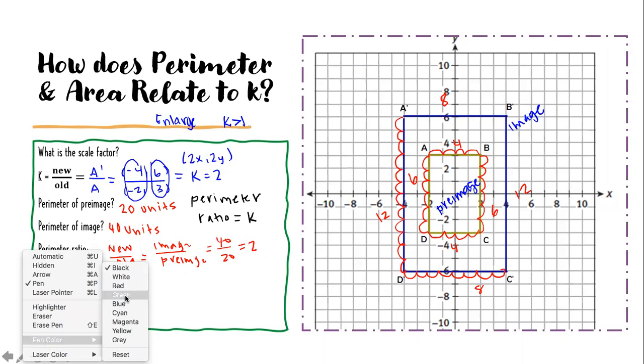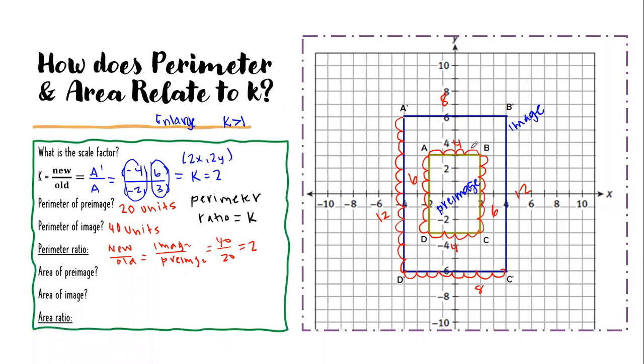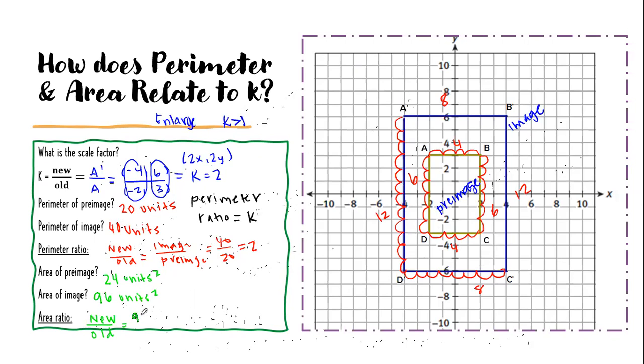All right, so let's do the area ratio and see if it matches up with what we discovered earlier. So if this is 4 by 6, length times width, what would be the area? And the area of this one is 12 by 8, 96. So let's look at the ratio, new over old.